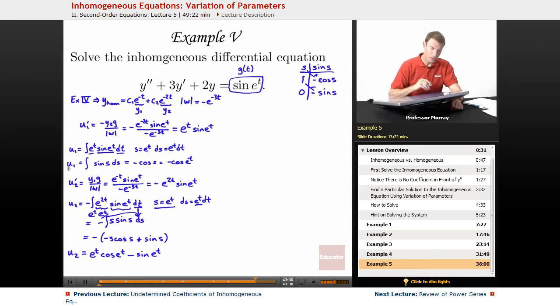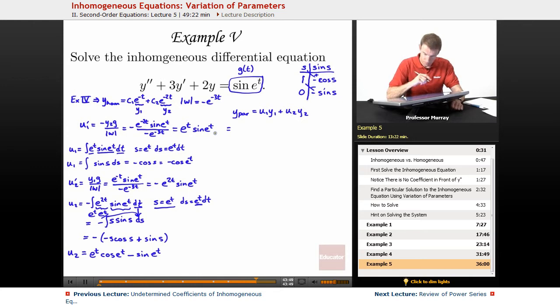I'm ready to just plug them in to the generic form for my particular solution, which, let's remember, always has the form u1 y1 plus u2 y2.